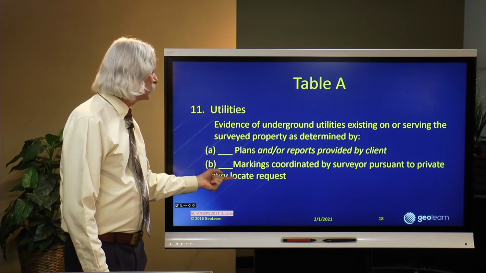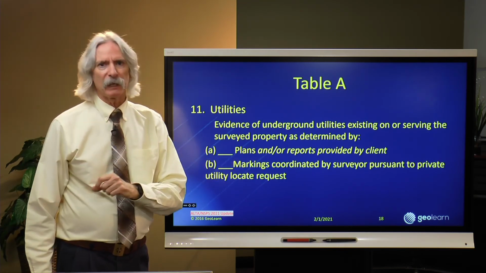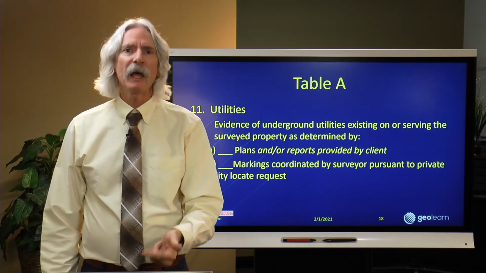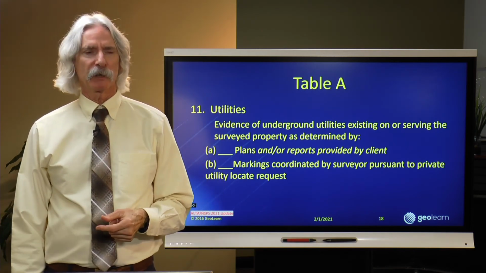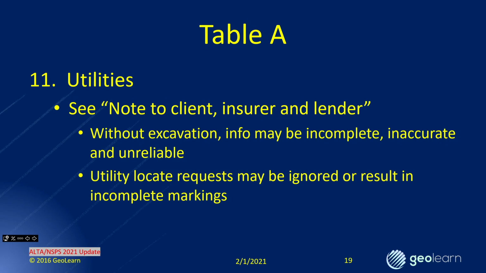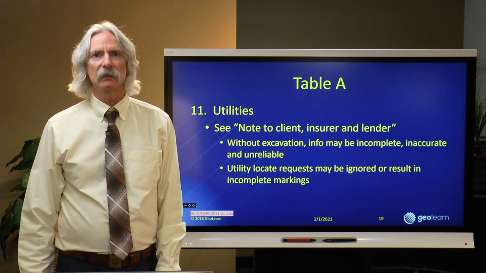And so the second item is markings coordinated by the surveyor pursuant to a private utility locate request. We do mention 811 locate requests in that note. But what we say is they may be ignored or result in an incomplete response.